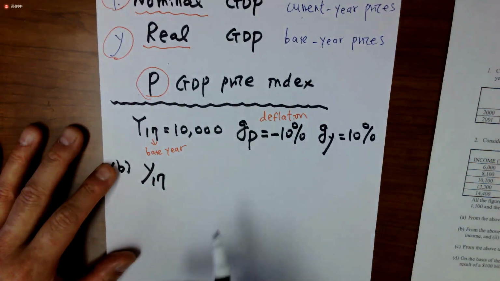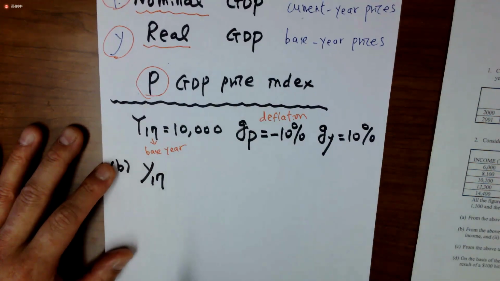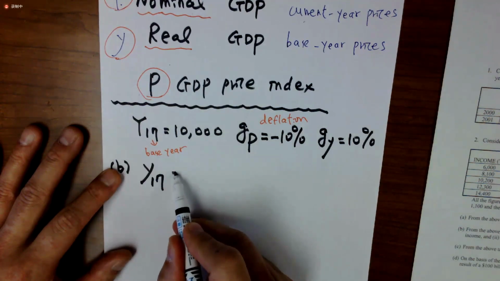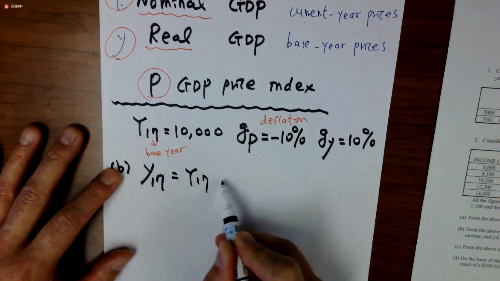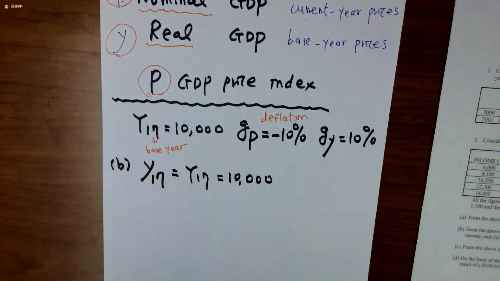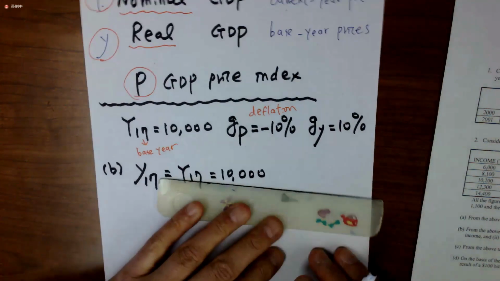And then I said, 2017 is the base year. So a key characteristic, a property of the base year, is that nominal and real GDP are the same in the base year, correct? Say yes, please. Yes. Good.